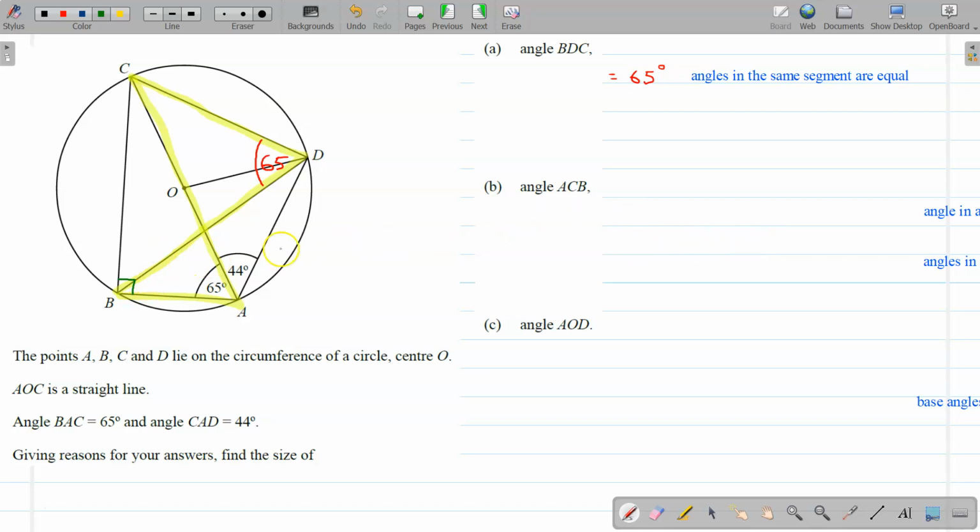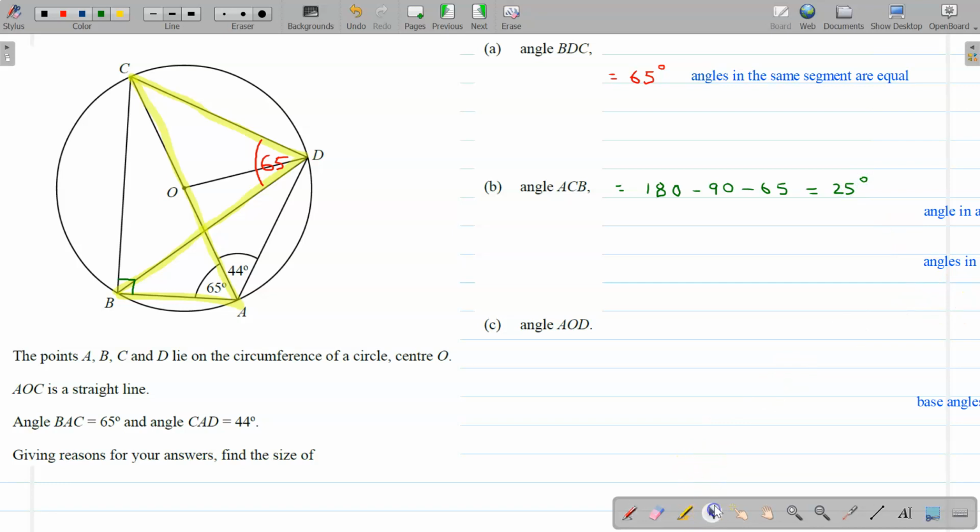If that's a right angle and that's 65, angle ACB is going to be 180 take away 90 and take away 65, which equals 25 degrees, because the angles in a triangle add to 180.